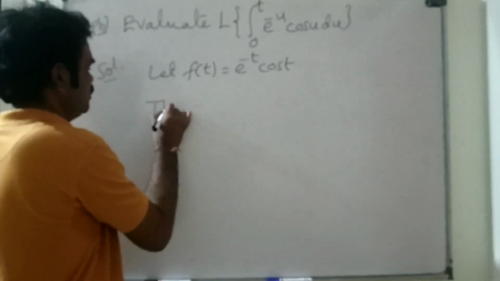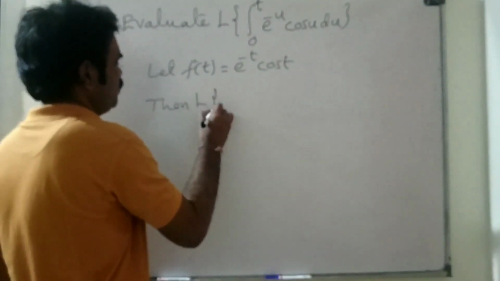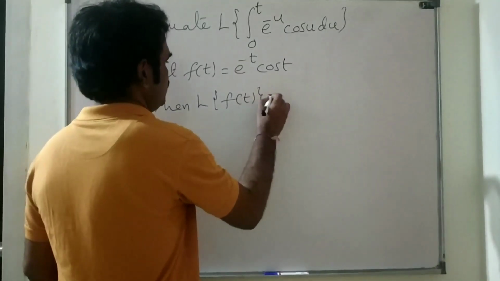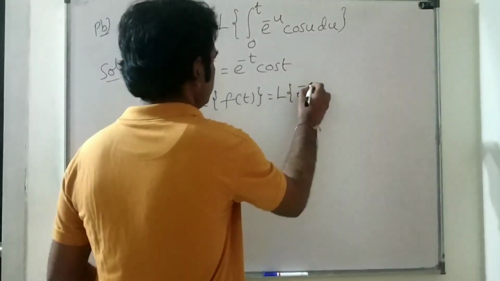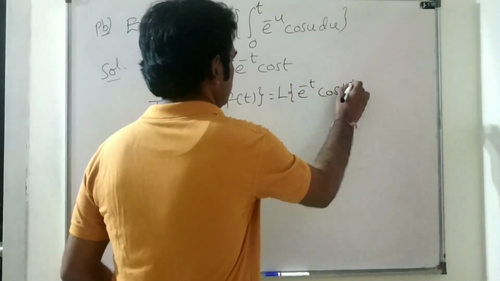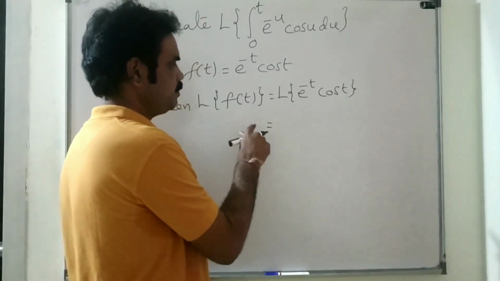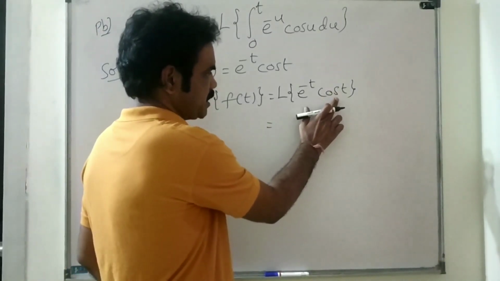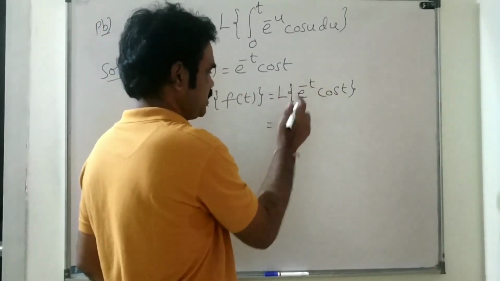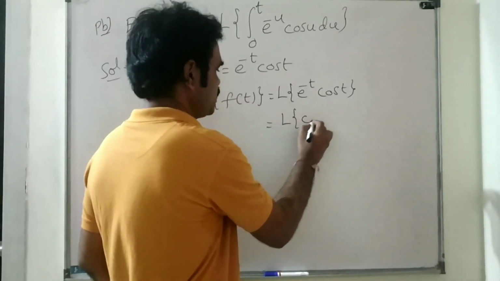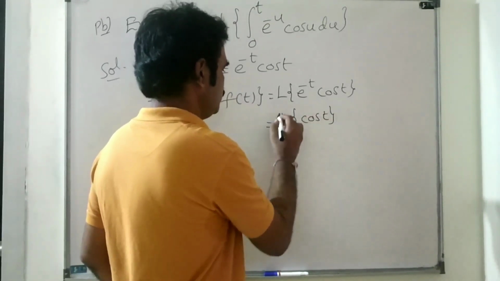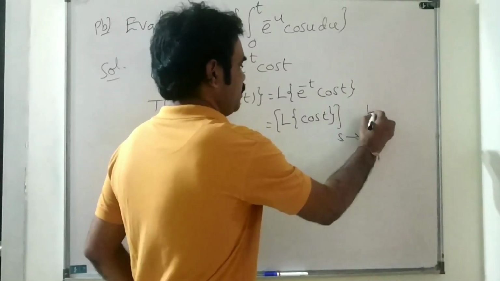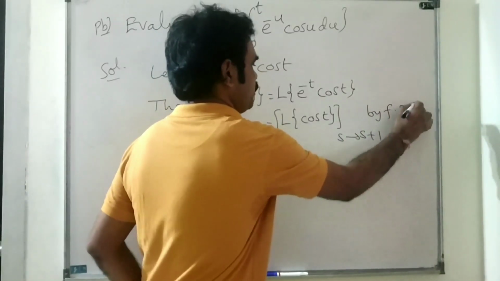Then L of f of t is equal to L of e power minus t cos t. By the first shifting property, first we have to find the Laplace transform of cos t and then replace s with s plus 1. L of cos t and then s shifts to s plus 1 by first shifting property.